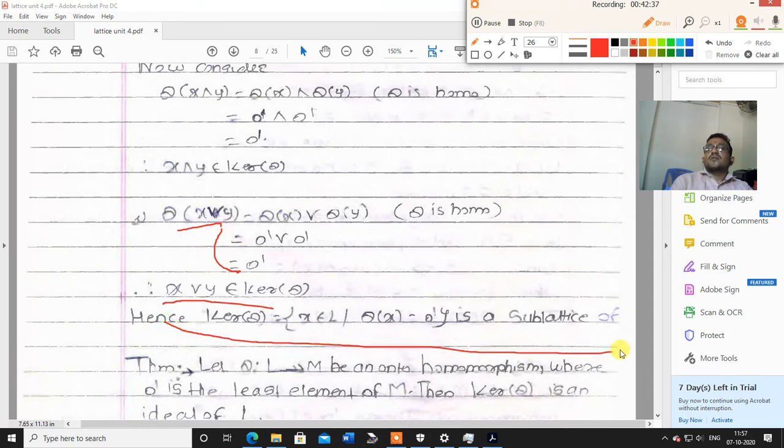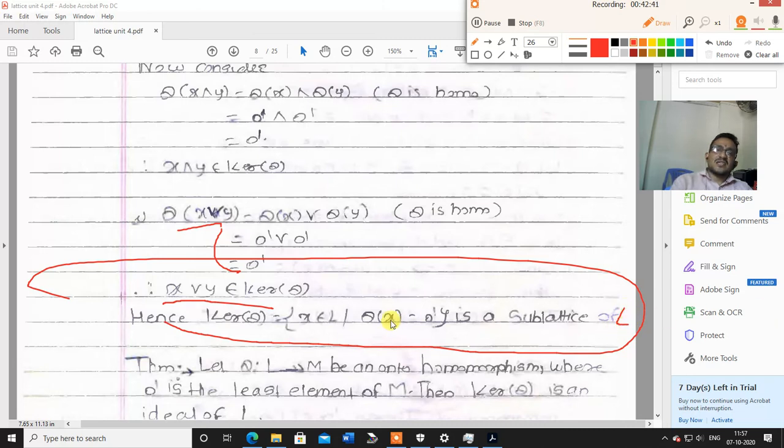Hence the kernel of theta is a sublattice of lattice L. Understood? So if theta is an onto homomorphism and M has a least element, then we can say that the kernel of theta is a sublattice of lattice L, which is important here.